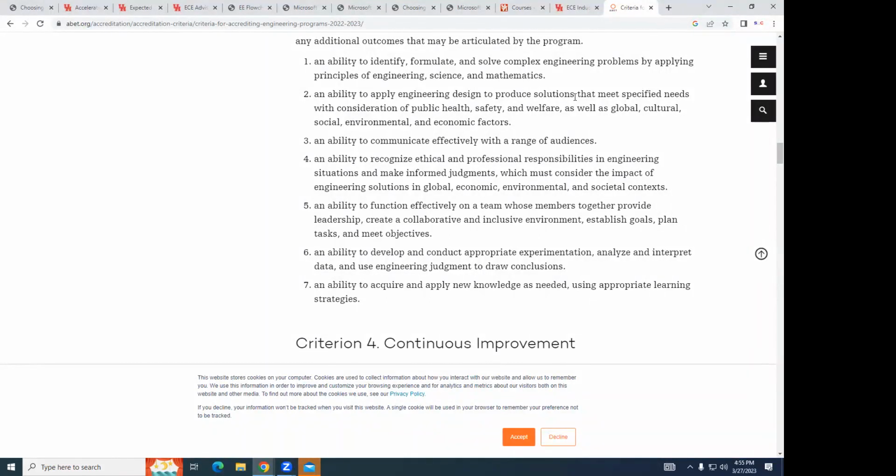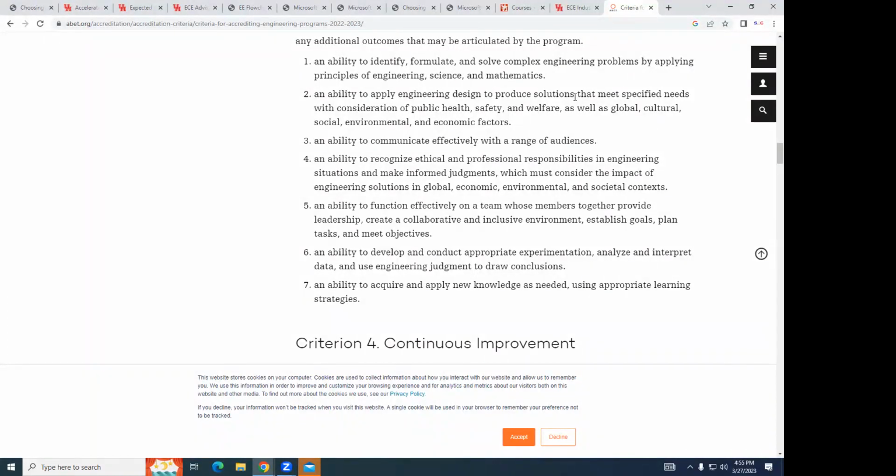Wait, does ABET also have to accredit graduate degrees if they've already accredited? You can accredit graduate degrees. We have some form of accreditation, but it's not ABET. And to be honest, I'm not sure what they're doing. But yeah, our graduate programs are less often accredited.